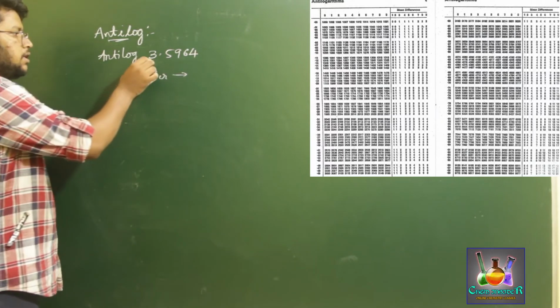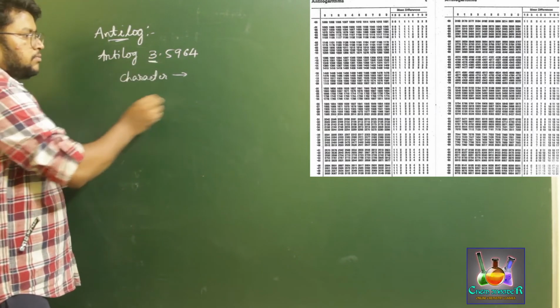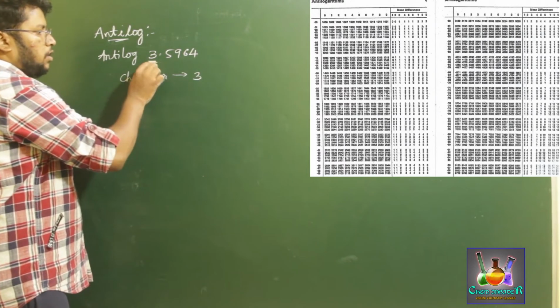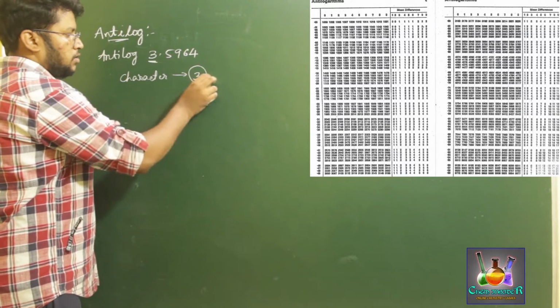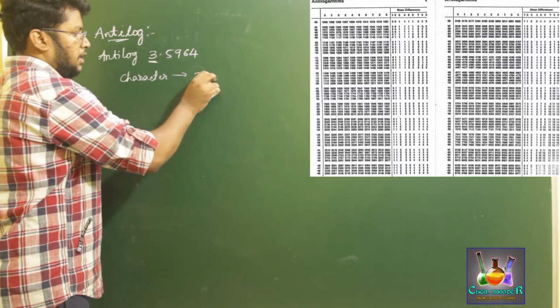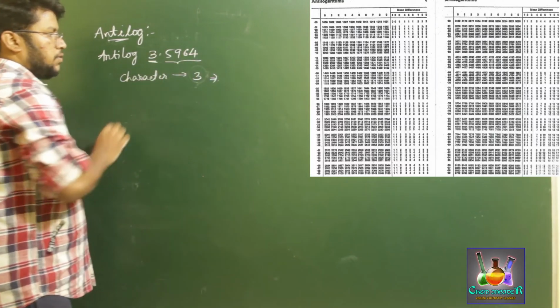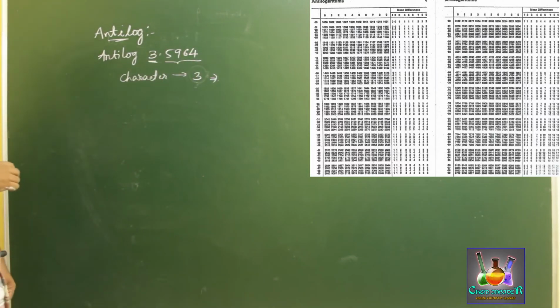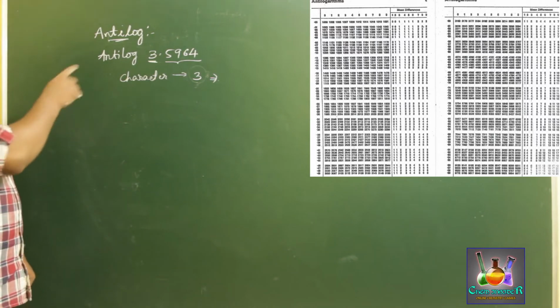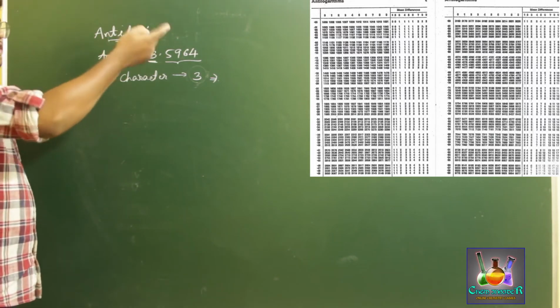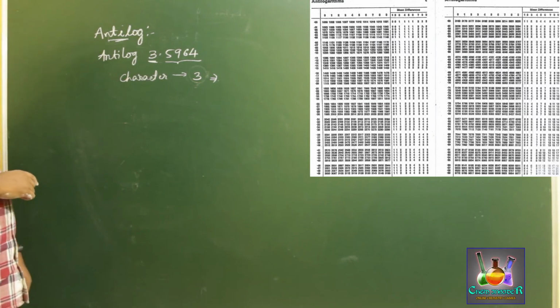The characteristic given for the logarithm value is 3. Keep it aside; we'll use it later. First we'll discuss the mantissa value, 0.5964. In order to find the anti-log of this value, we'll change the page to the anti-log table.